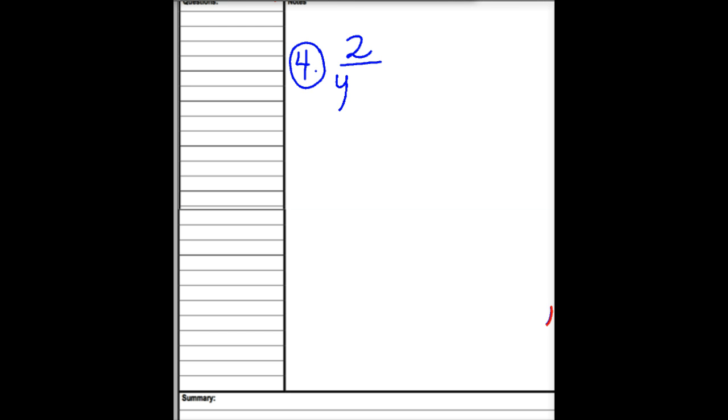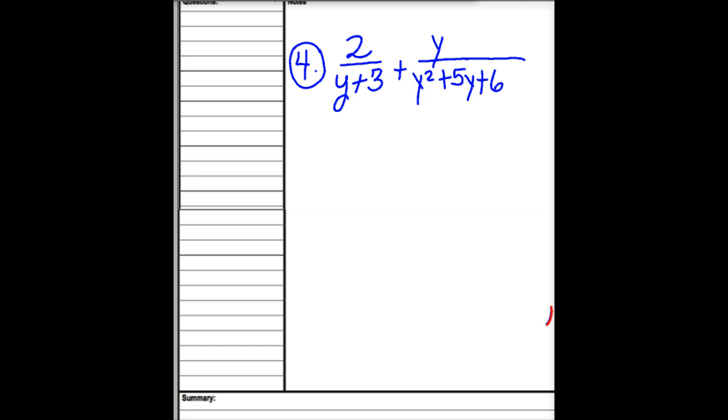Next one. 2 over y plus 3 plus y over y squared plus 5y plus 6. Those totally aren't the same denominator, and they're ugly, but I need to know what my LCD is.